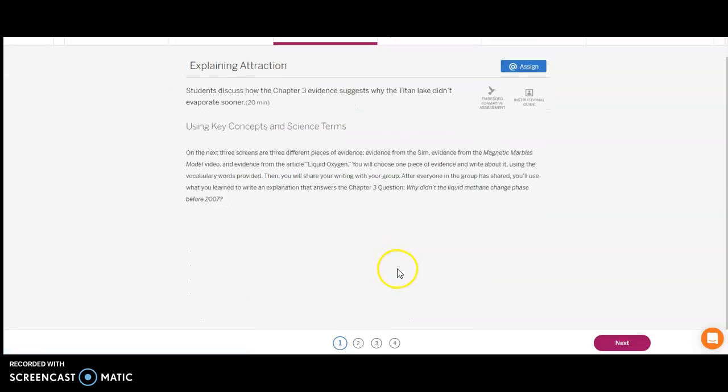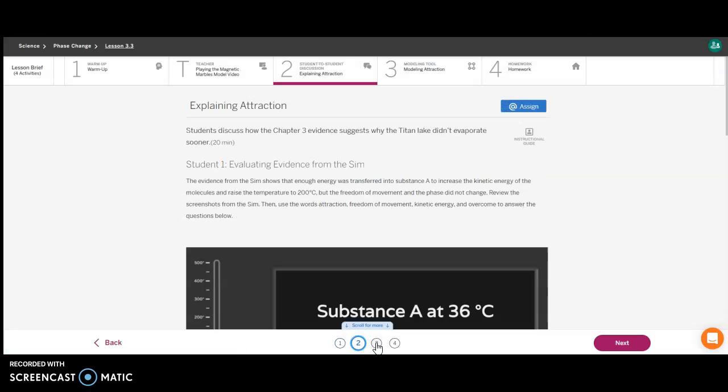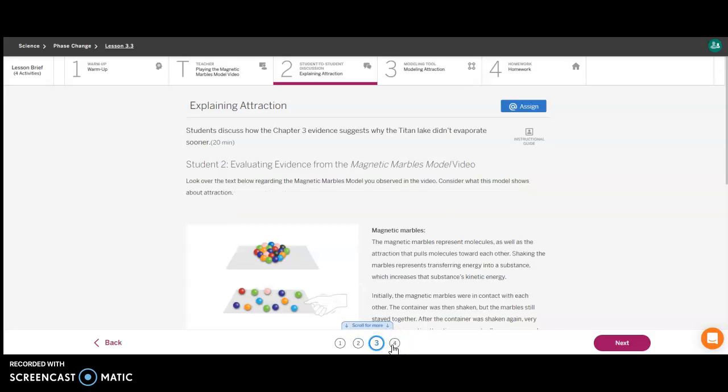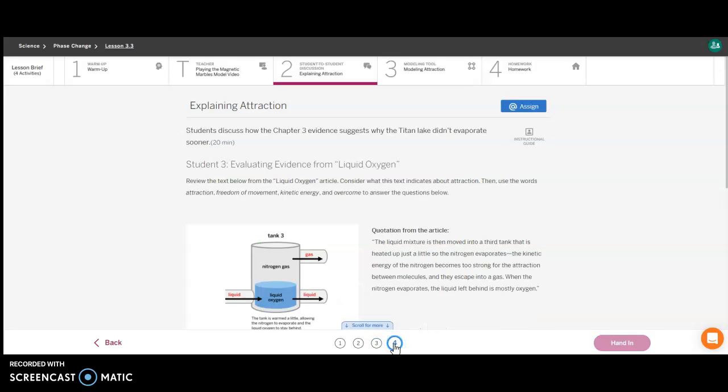So if you look at part 2 of your lesson, you can actually see down here at the bottom that you are going to click on each card. It gives you a scenario saying that we're looking at why the liquid methane didn't change phase before 2007. Then you'll have the student that will look at this one that's evaluating the evidence from the sim. Then you'll have one person looking at the magnetic marbles video, and then you'll have one person evaluating the phase change from liquid oxygen.